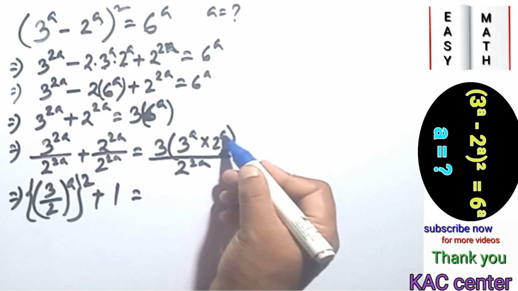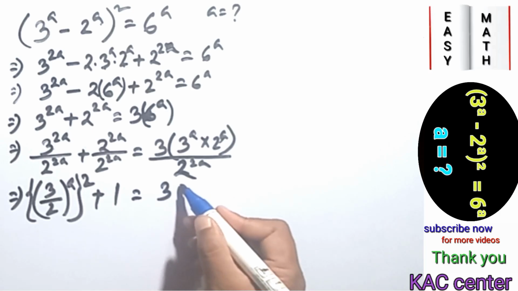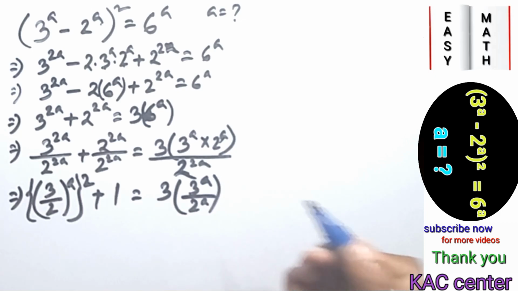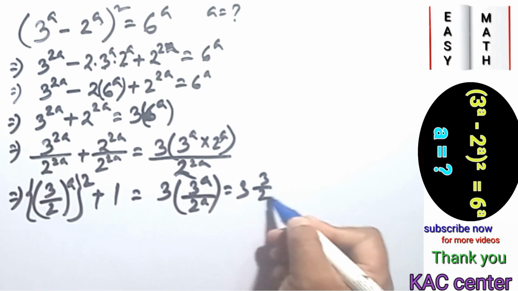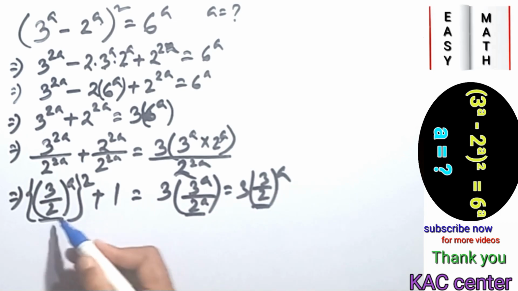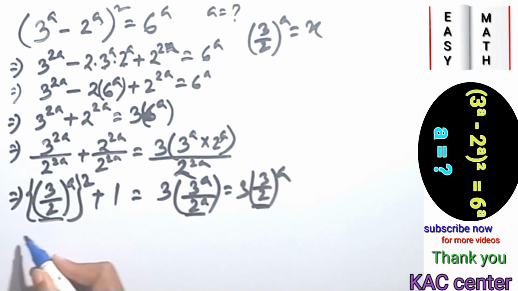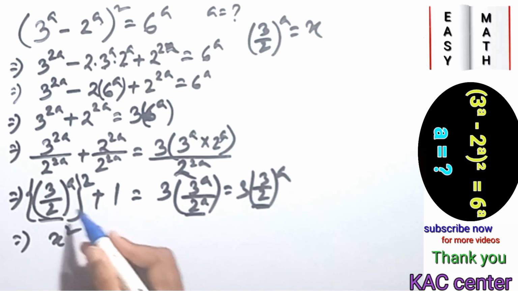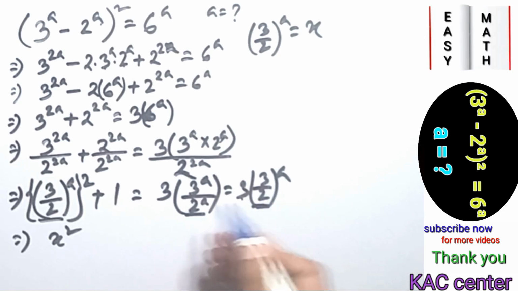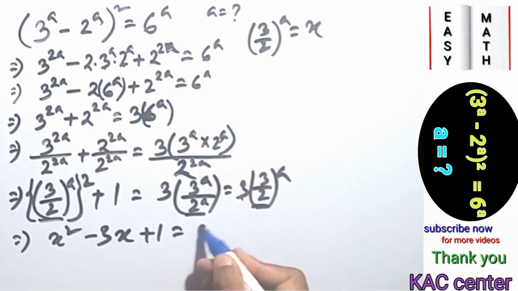Now we can take this term as x, so here this is x square, and this is 3x, so here is minus 3x, and there is plus 1 equals 0.